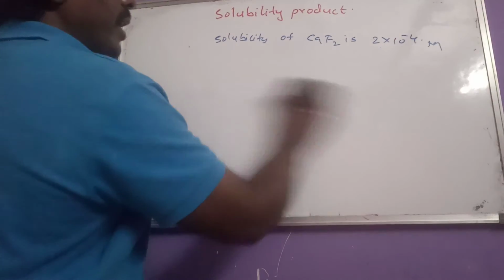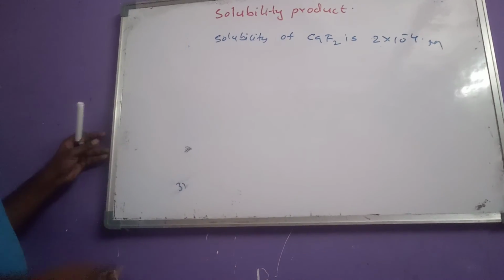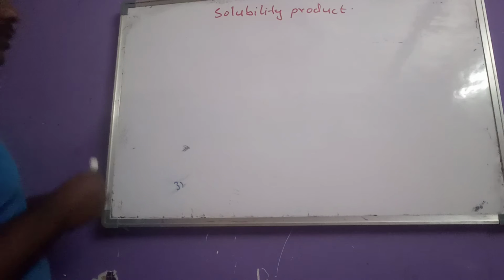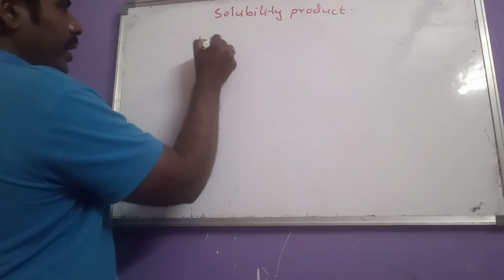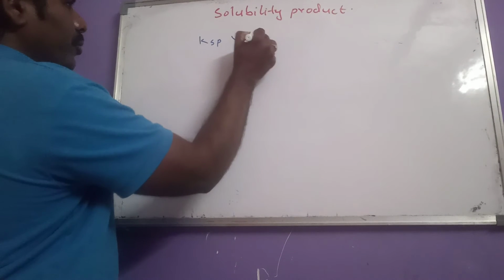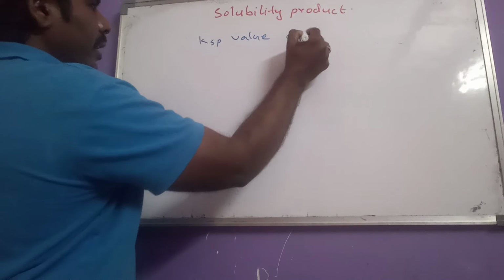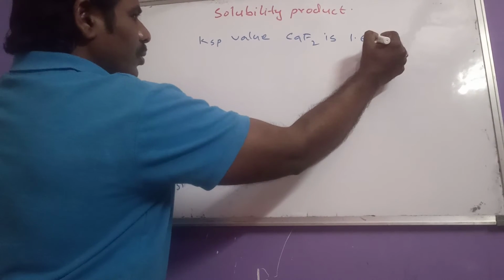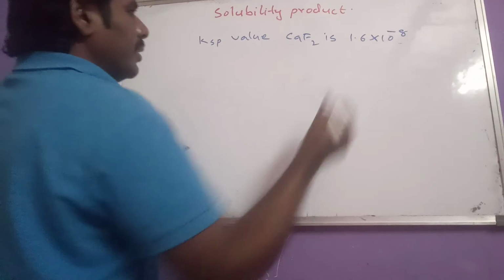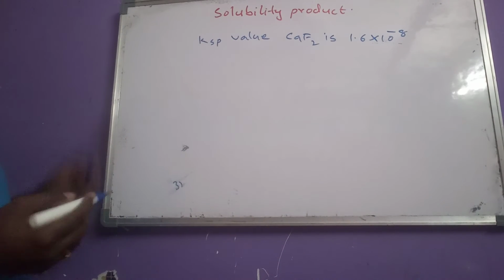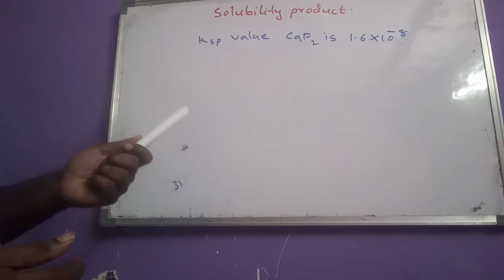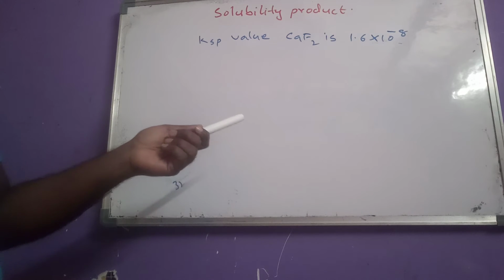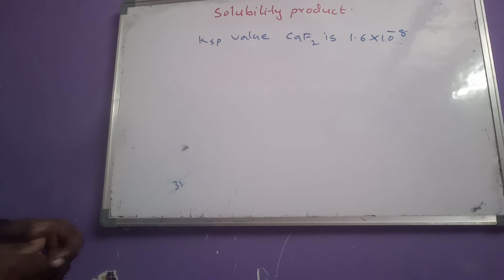Okay, now another question, let us see here. KSP value for CaF2 is 1.6 into 10 power minus 8. Therefore, at which concentrations do we get precipitate for that solution?